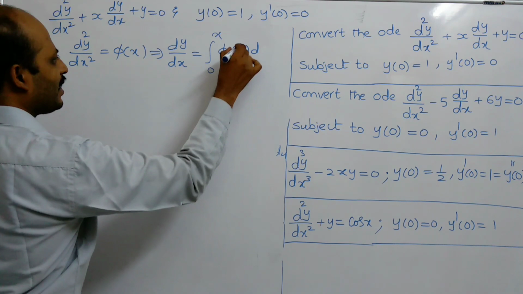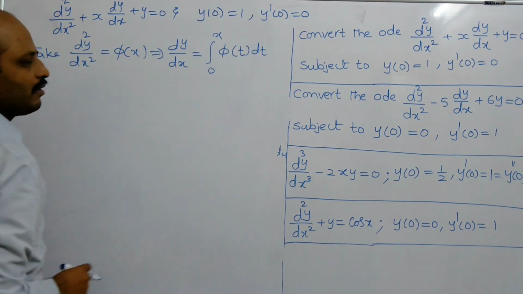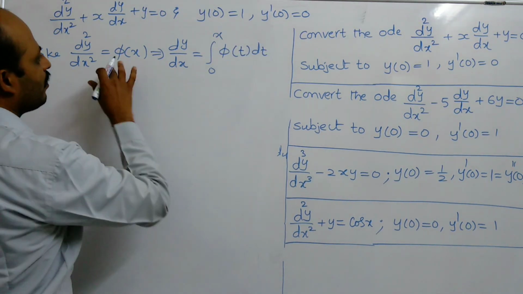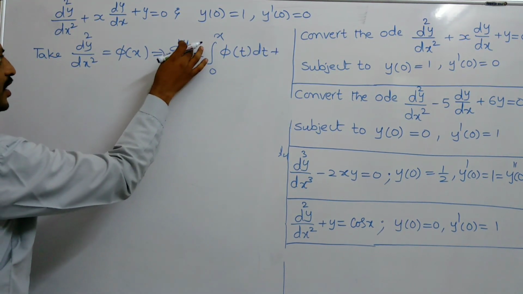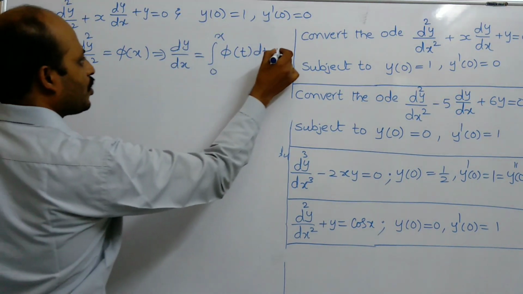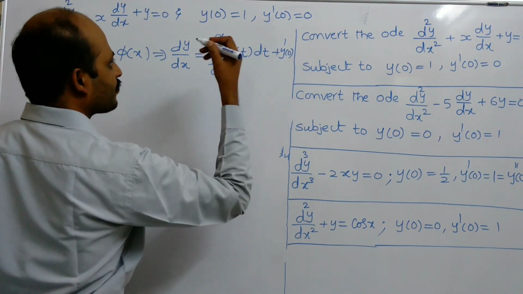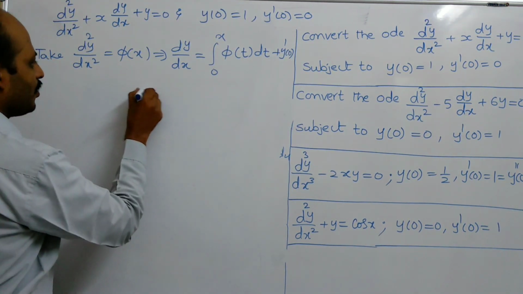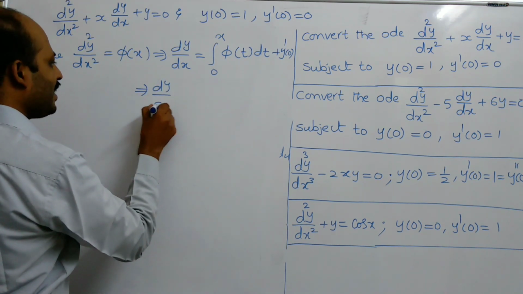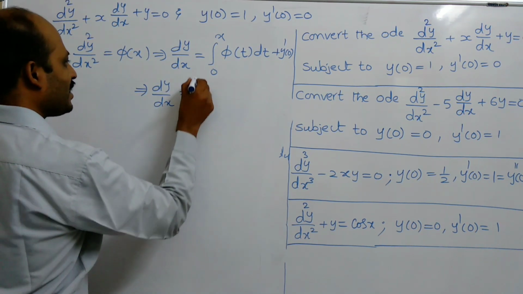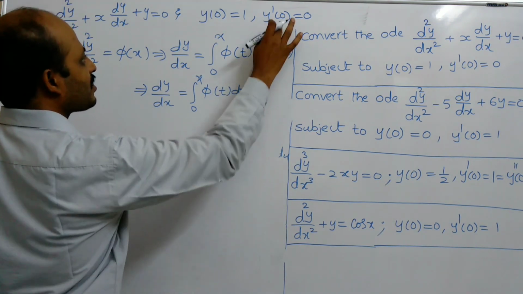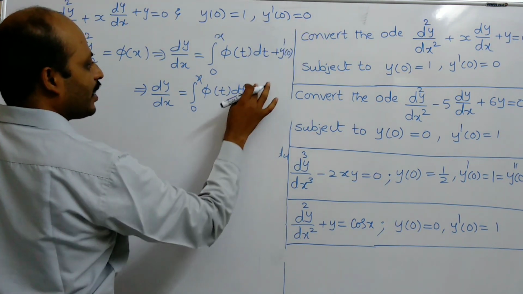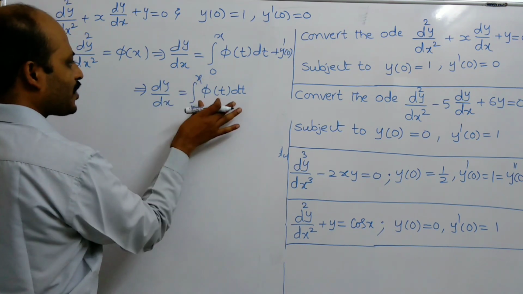If you write t, then it can be pi of t dt, plus d square y by dx square reduced to first order dy by dx, you can use y dash of 0. What is it? dy by dx is equal to integral 0 to x pi of t dt only, because y dash of 0 is equal to 0 here.